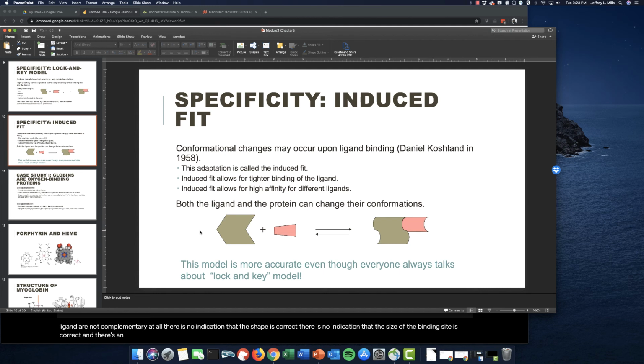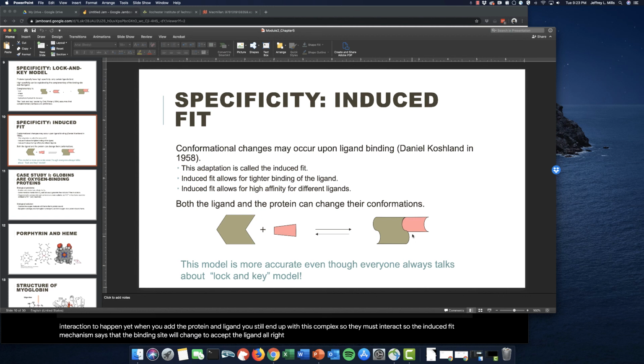And there's also no indication that the electrostatics or hydrophobic hydrophilic interactions are in the right place to allow this interaction to happen. Yet, when you add the protein and the ligand, you still end up with this complex. So they must interact. So the induced fit mechanism says that the binding site will change to accept the ligand.